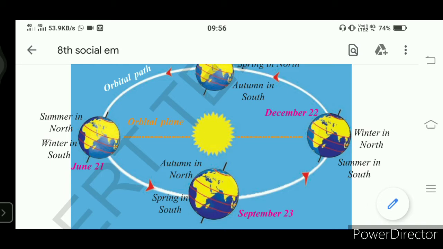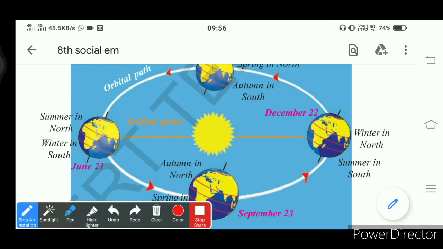So when the Tropic of Cancer, that is 23½° north latitude, is exposed to the sun directly, then it will be very hot in the northern hemisphere. This is the northern hemisphere, my dear students. So in the northern hemisphere, it is summer, as the sun shines directly on the Tropic of Cancer.